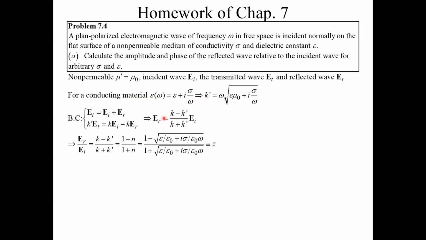You can calculate our reflected E field equals k minus k prime divided by k plus k prime times the incident wave, and this is our R here. This is our reflected E field divided by incident E field, and we define this one equals Z, and it is a complex number here.